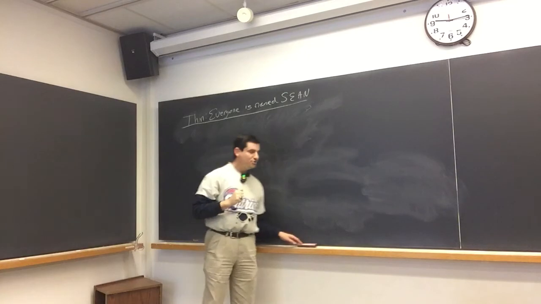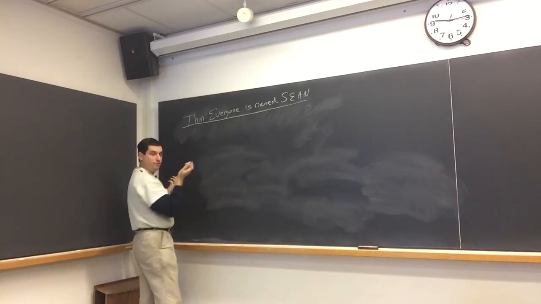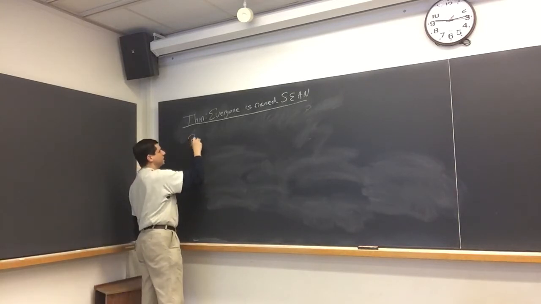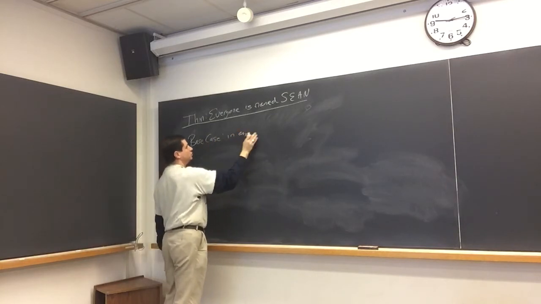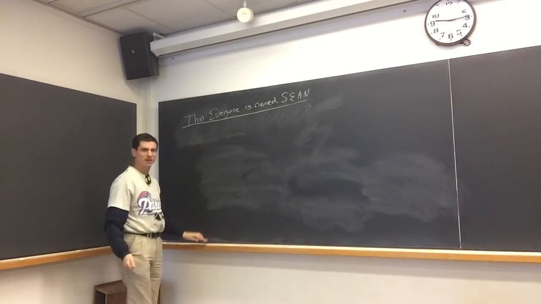Interesting. All right, let me try to prove to you that the Sean theorem is true. Let's prove it by induction. So you said you all know induction, so let me do it by induction. So we do the base case first, right? Actually, if I'm going to do induction, I should probably state what I'm inducting on, what the statement is. That might help.